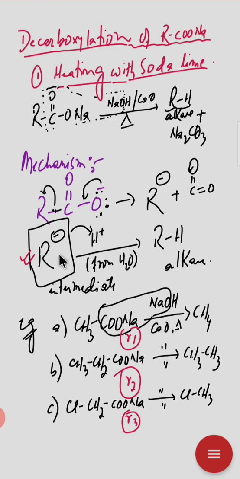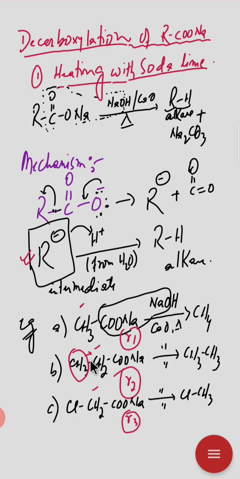More is the stability of the carbanion formed in this reaction, more the reactivity or rate will be. So in this case the carbanion will be methyl carbanion, and in this case the carbanion will be ethyl carbanion, and in this case chloromethyl carbanion will be formed. So as we know that an electron donating group, this methyl will be an electron donating group to this CH2 minus ion.